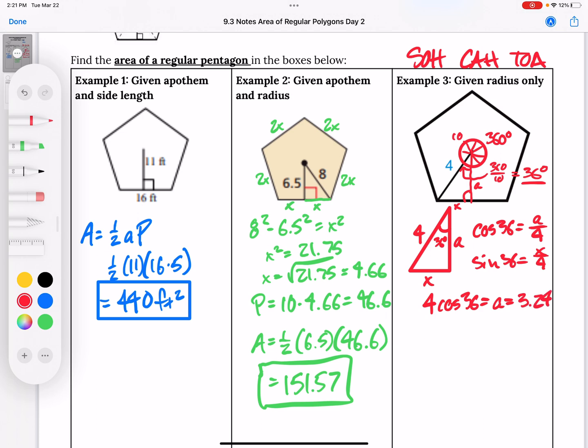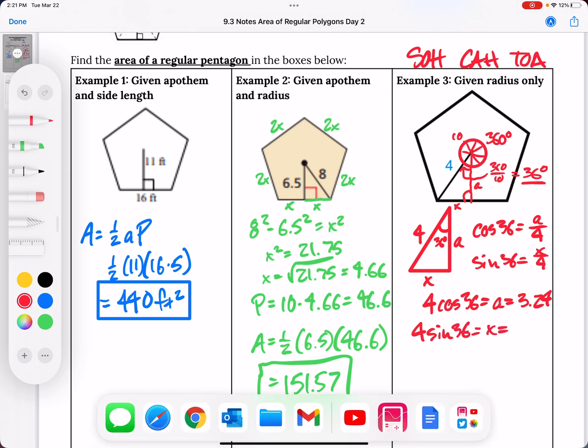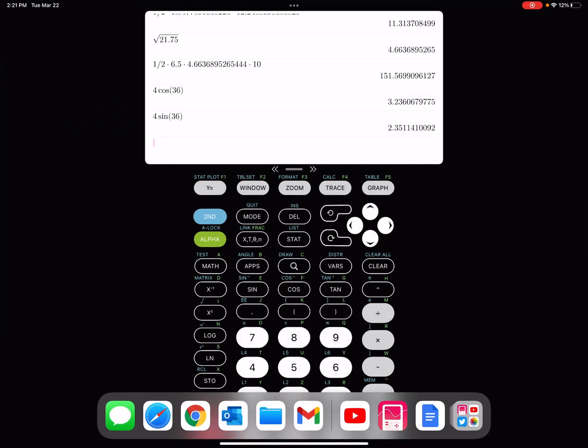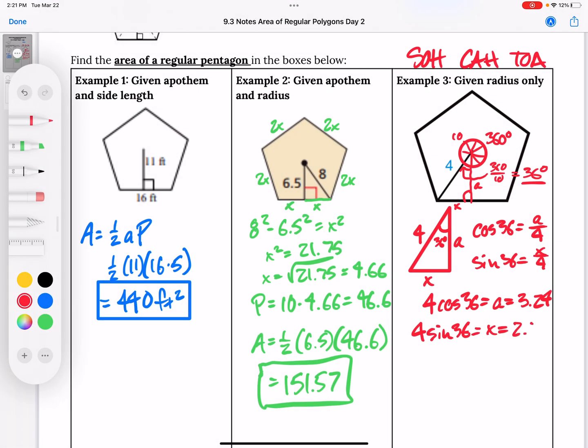My X is 4 sine 36 equals X, and that is 2.35. Now remember again, for my perimeter, I've got 10 of those. So 10 times 2.35 gives me a perimeter of 23.5.